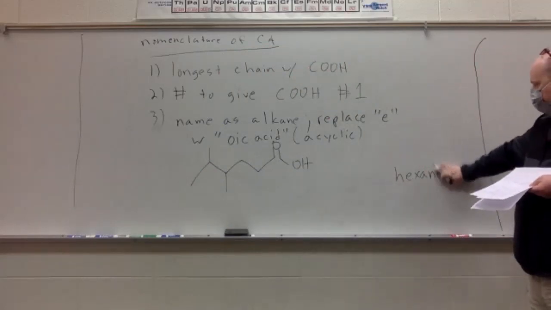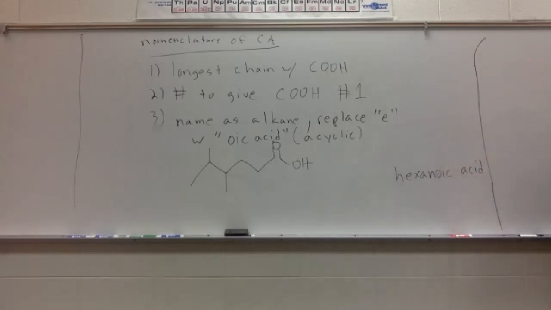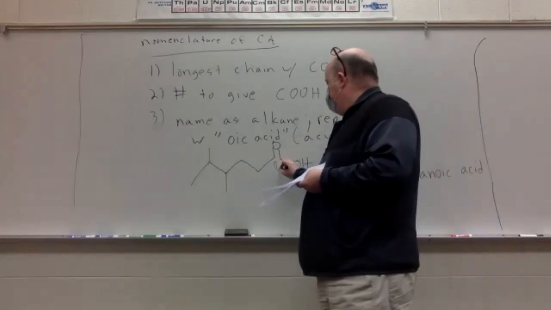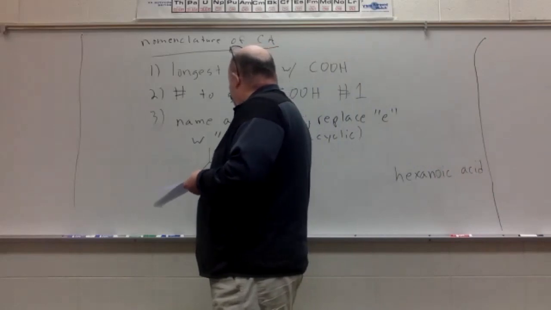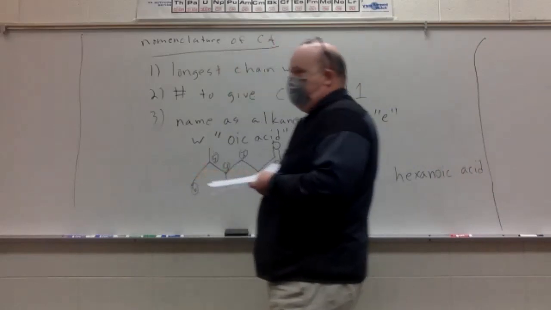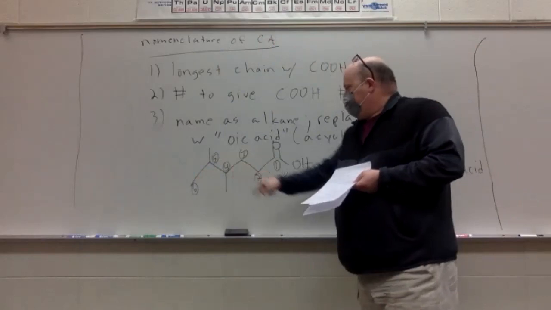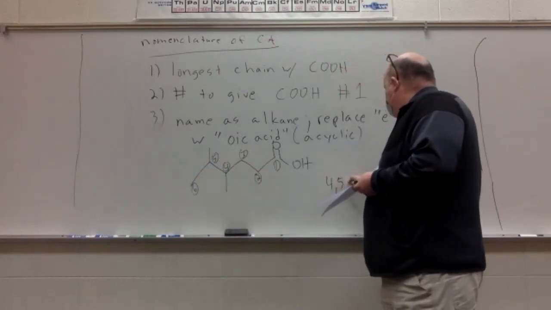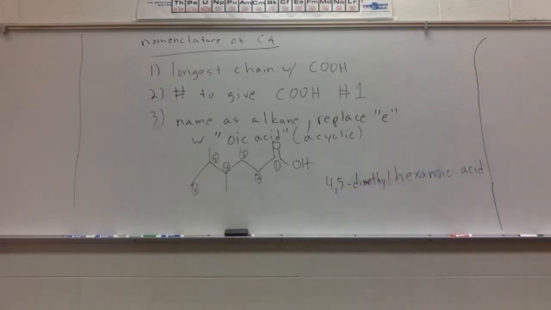We erase that E and replace it with oic acid. By definition, this is carbon number 1, so we go 2, 3, 4, 5, 6. Just like I mentioned, you don't have to say 1 hexanoic acid. It's assumed, so the numbering really is for your substituents. You have methyl groups at 4 and 5, so that's 4,5-dimethylhexanoic acid.